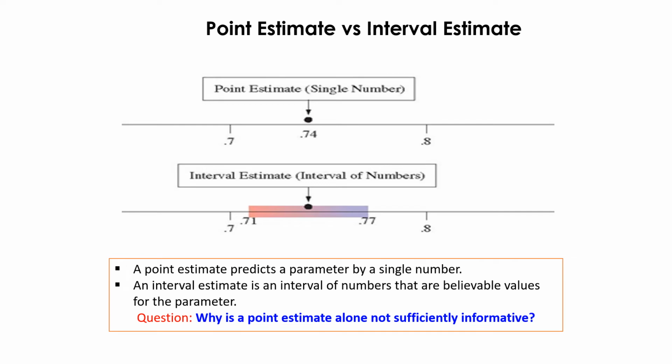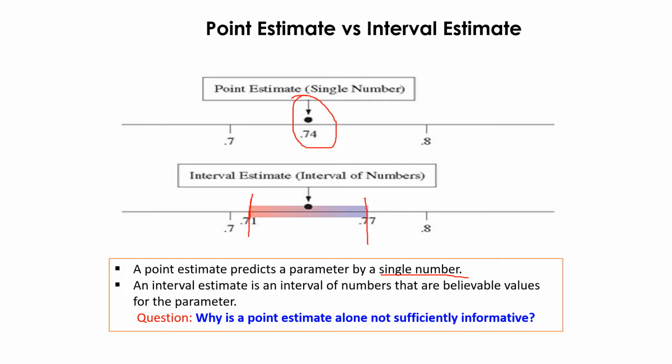This one is the point estimation, the single value, and this is the interval value, so you have a range of data. A point estimate predicts a parameter by a single value. The interval estimate is an interval of values that are believed to contain the parameter.